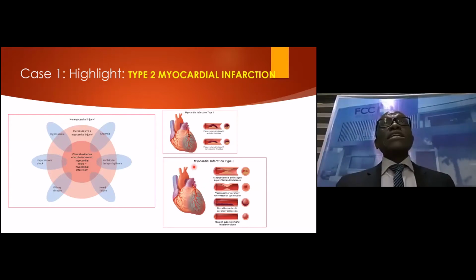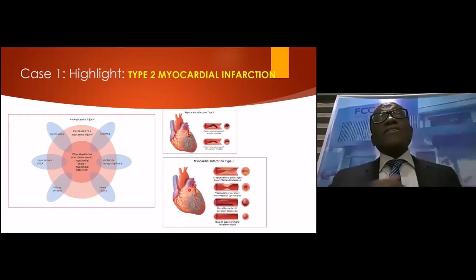Type 2 is the type that happens when there is a mismatch between demand and supply, either because the patient has high fast heart rate, increased oxygen demand, hypoxia, spasm, and things like that. So, but there is no occluded coronary, but the wall motions are there.